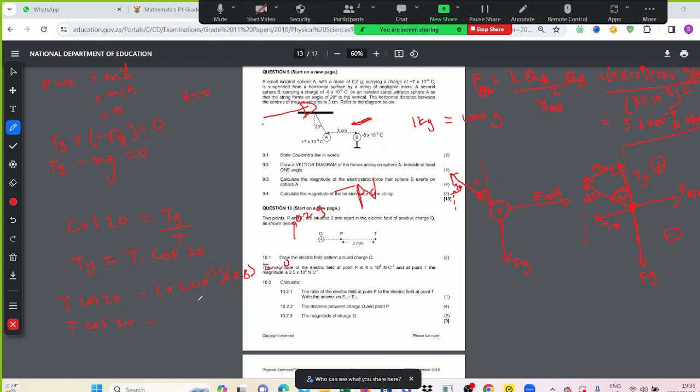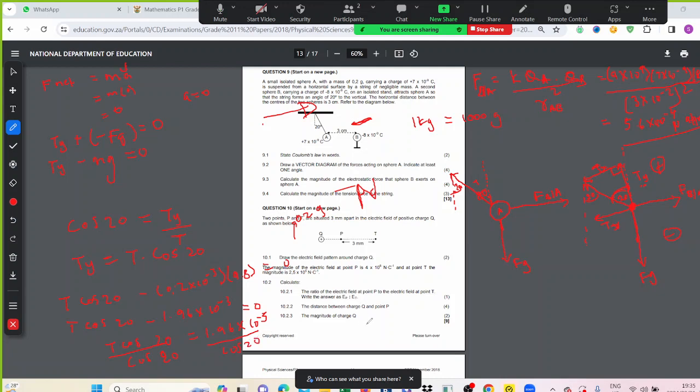It's 1.96 times 10 exponent negative 3, equal to 0. Okay, now we can take this to the side. So T cos 20 is equal to 1.96 times 10 exponent negative 3. Because we want the tension, we can divide by cos 20 on both sides.